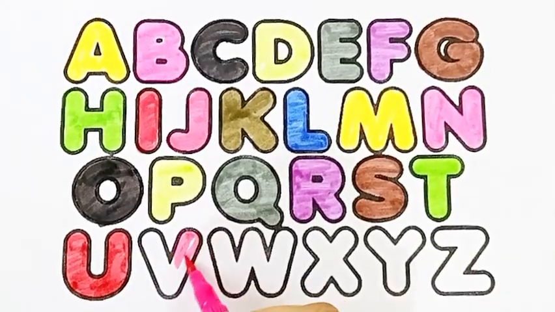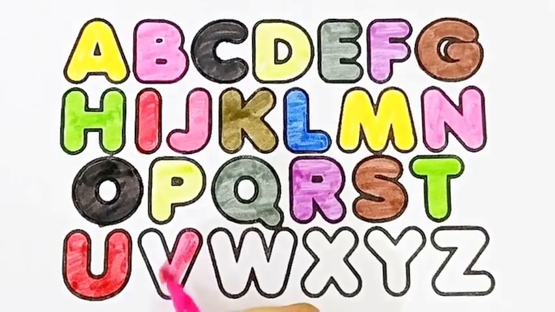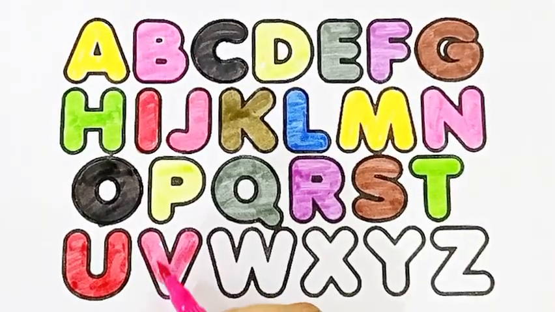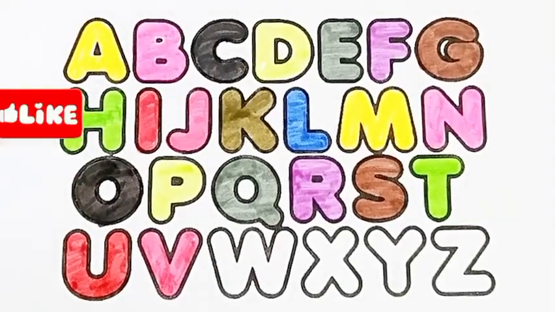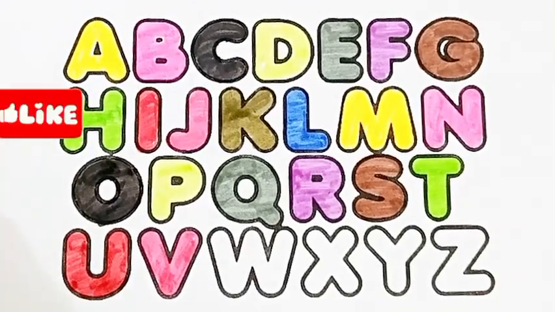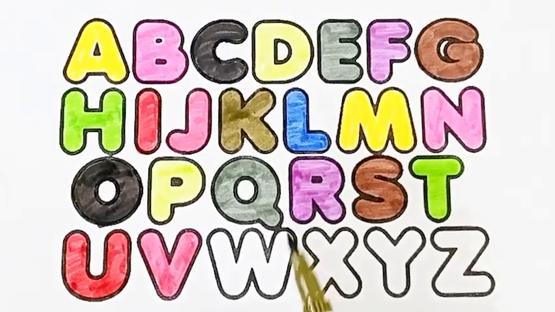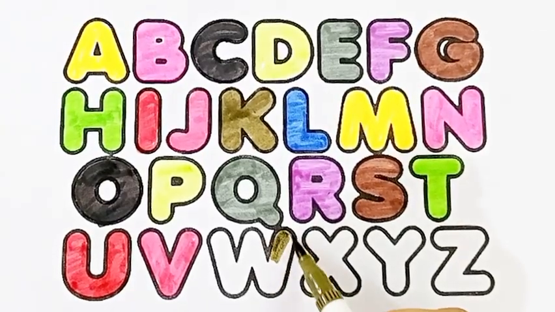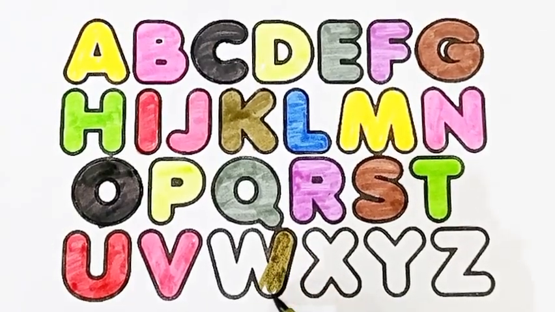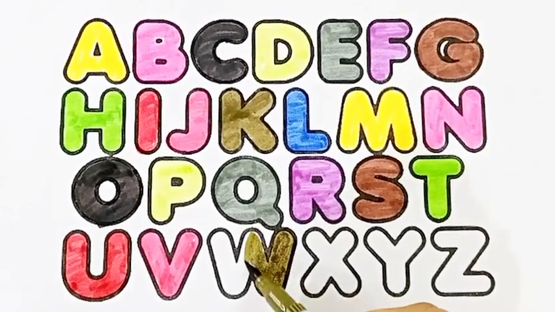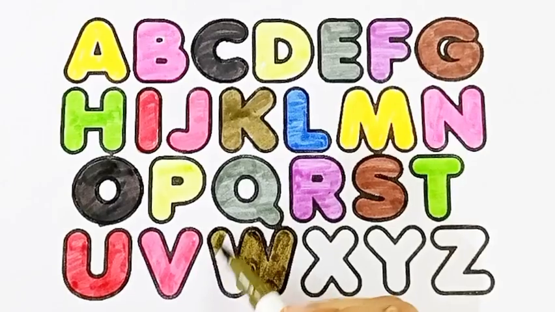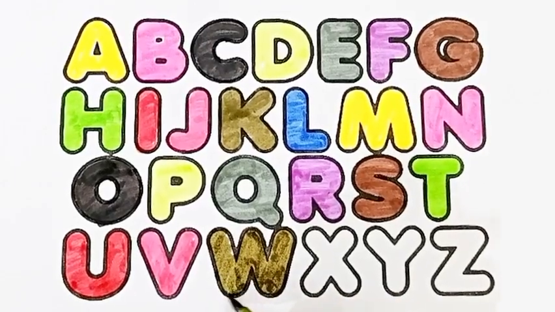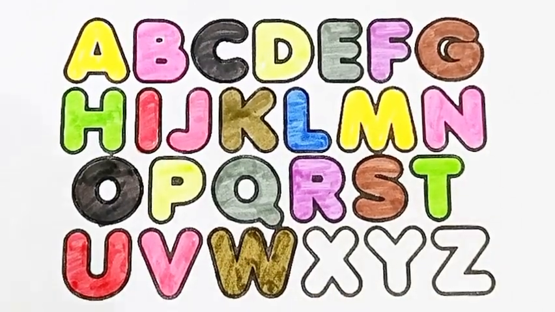V for violin. Olive green color. W for watermelon.